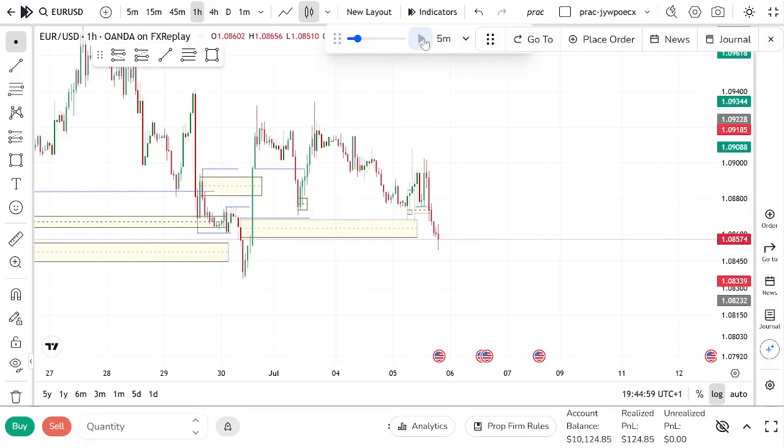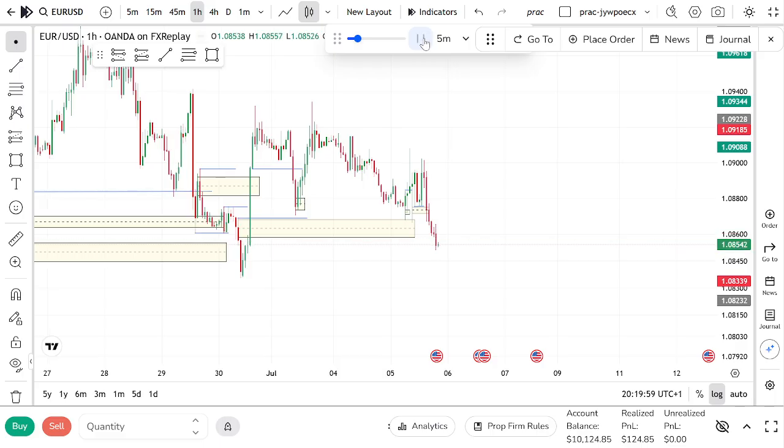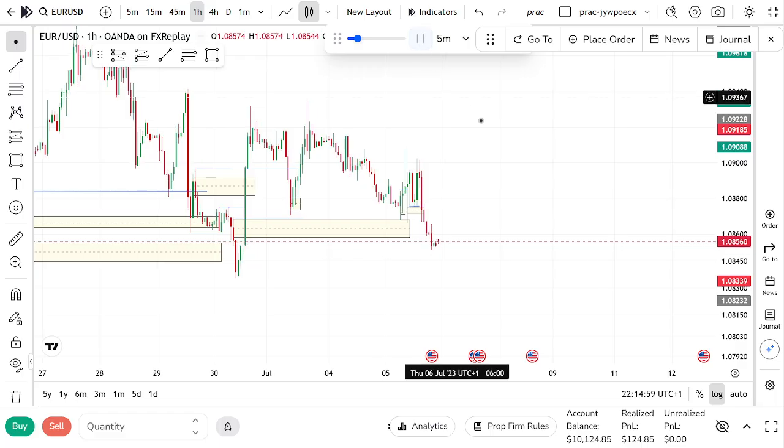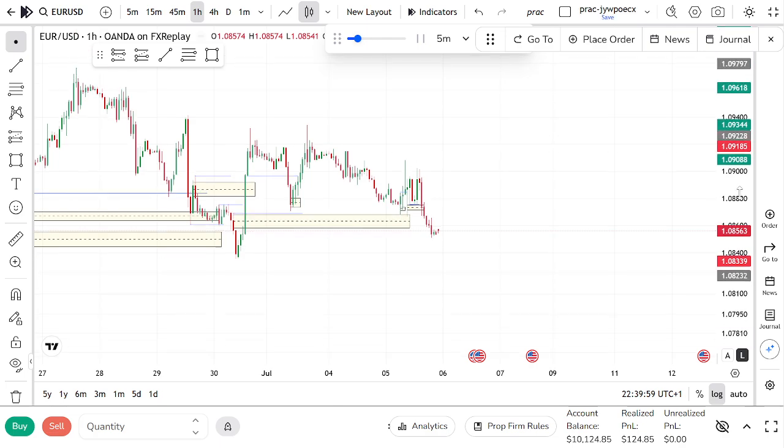But what saved us was sweep concepts and change in state of delivery. Change in state of delivery will tell you that price has fully reversed, having tapped and taken liquidity, and it is ready to go further in the opposite direction. But you can see what price is doing.